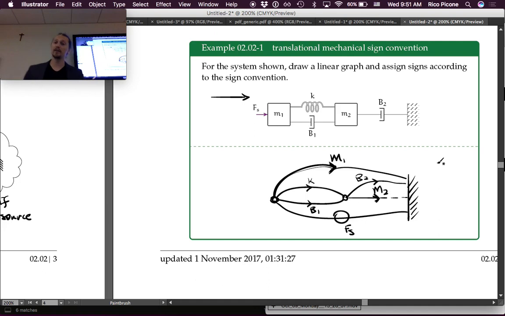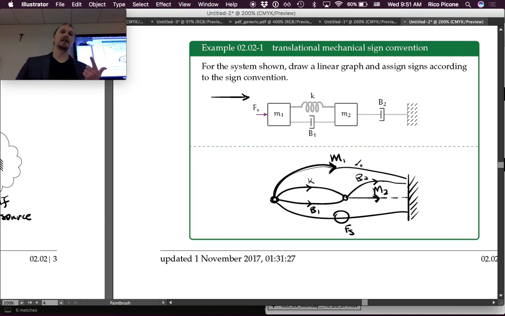And then finally, we have our source. For our force source, we have to decide if it's going to be in the direction towards the node where it's applied or away from it. In this case, we have a force source in the direction of the coordinate arrow. Okay?